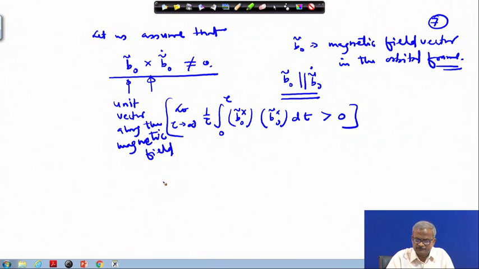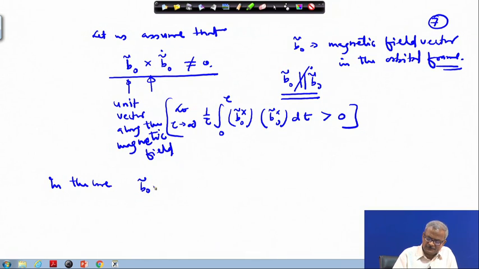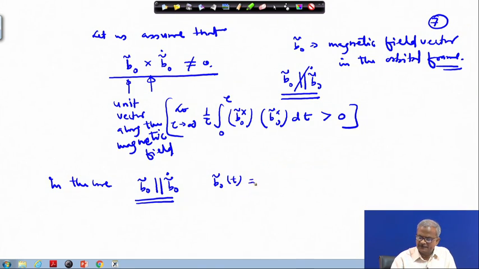Why? Only if this is not parallel to this is this condition satisfied. In the case B 0 tilde is parallel to B 0 tilde dot, what will happen? All the future B 0 t will depend on B tilde at time t equal to 0; it will be a linear function of this one.